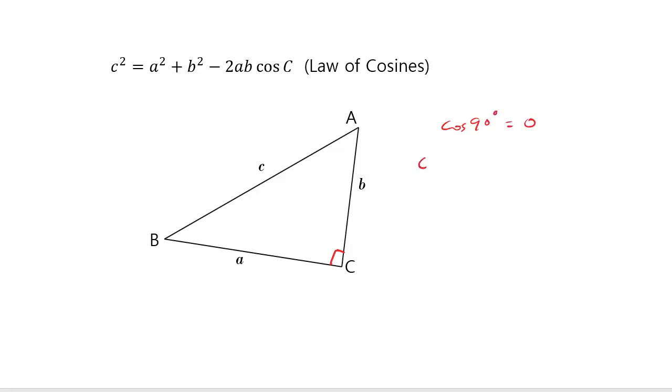So what you end up with is c squared equals a squared plus b squared minus 2ab times 0. So that's nothing. What are you left with? You get the Pythagorean theorem, right? In other words, you see that the law of cosines is an extension of the Pythagorean principle.